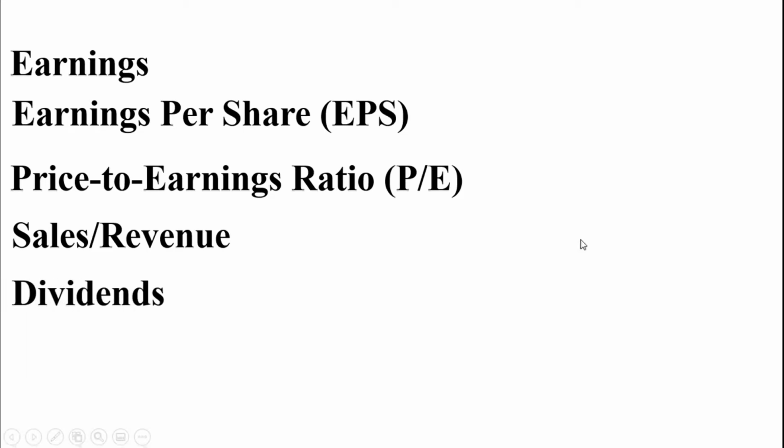And then finally, you want to look at a company's dividends. A lot of people won't purchase companies unless they are distributing dividends. Remember, in a previous video, I told you that dividends are a company's way of just saying thank you for investing in their companies. But not all companies pay dividends.